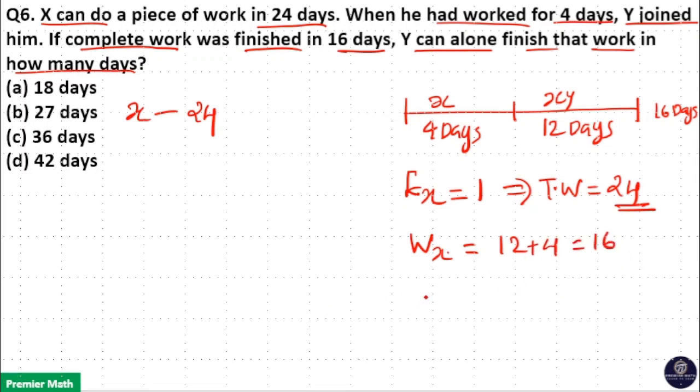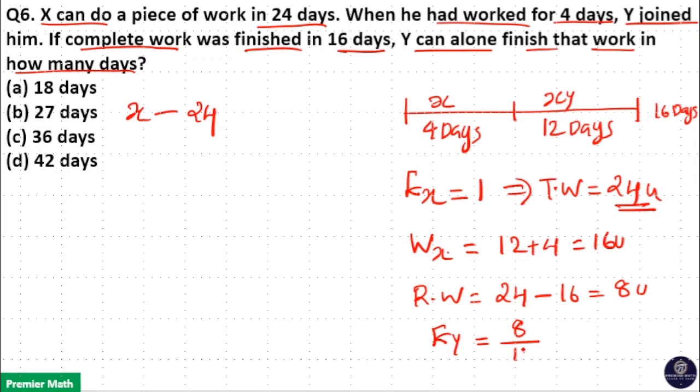Then the remaining work: total work is 24, work completed by X is 16. So 24 minus 16, 8 units. Then the efficiency of Y: the remaining work is 8 units, which is completed by Y in 12 days.